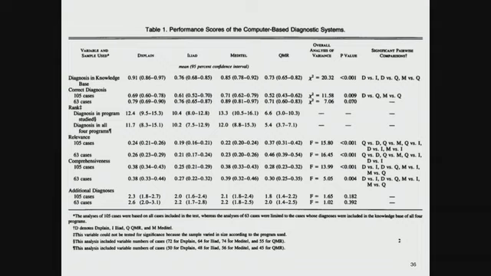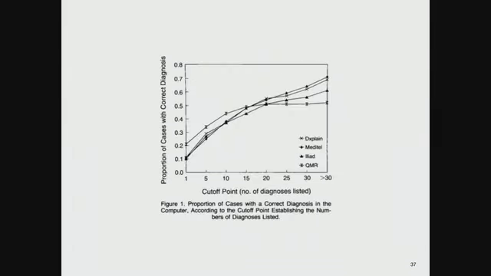So it's like the dog who sings, but badly. It's remarkable that it can sing at all, but it's not something you want to listen to. And the rank of the correct diagnosis in the program is at like 12 or 10 or 13 or so on. So it is in the top 20, but it's not at the top of the top 20. So the results were a bit disappointing.